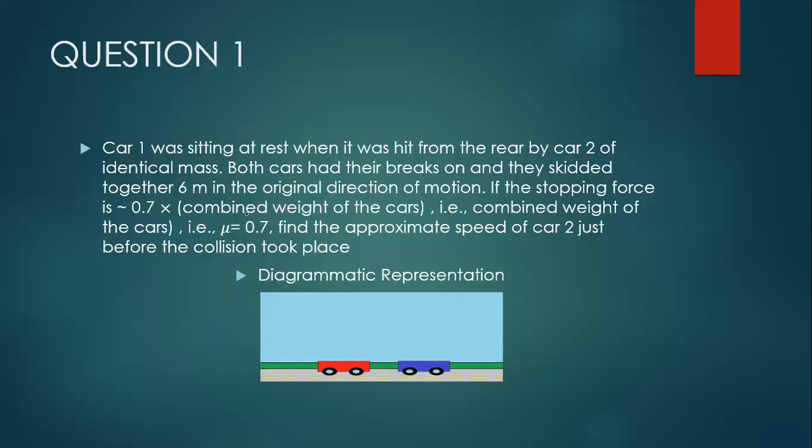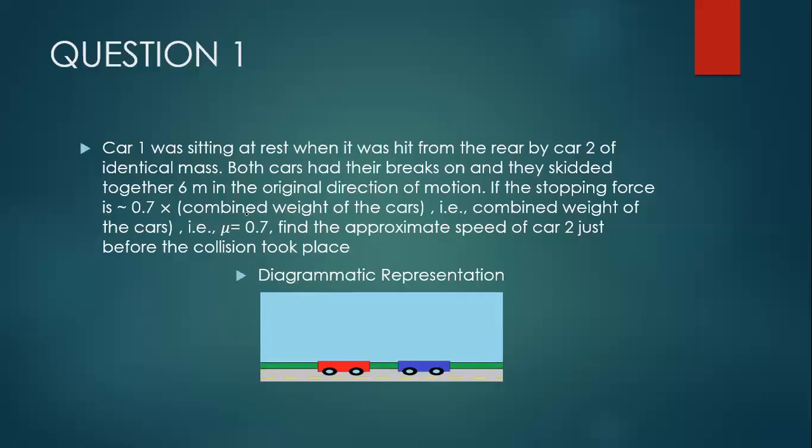If the stopping force is 0.7 times the combined weight of the cars, so the 0.7 is mu 0.7. Then we are asked to find the approximate speed of car 2 just before the collision took place.